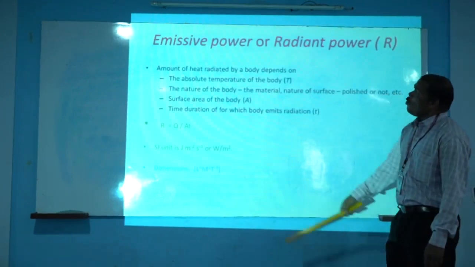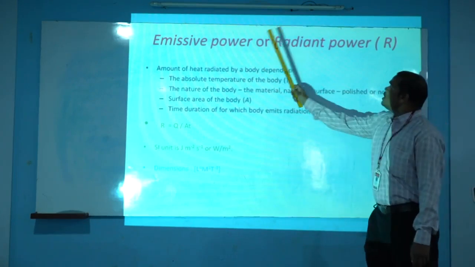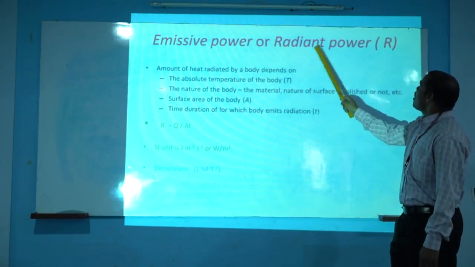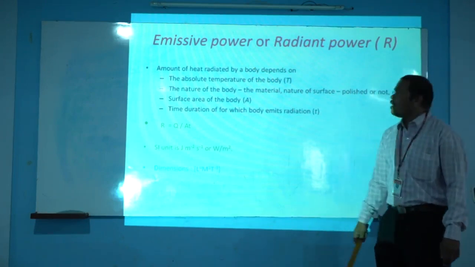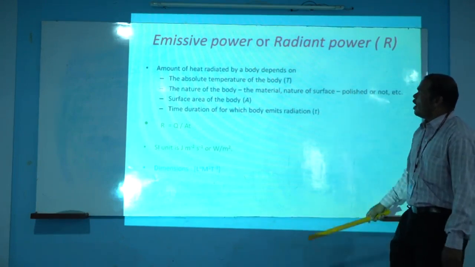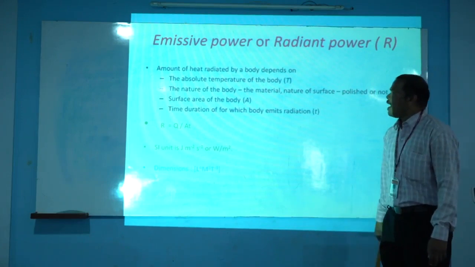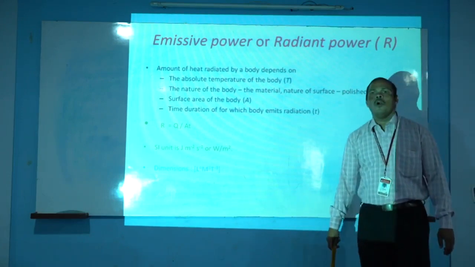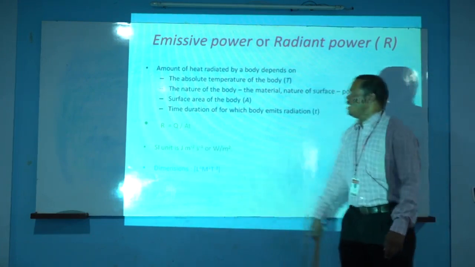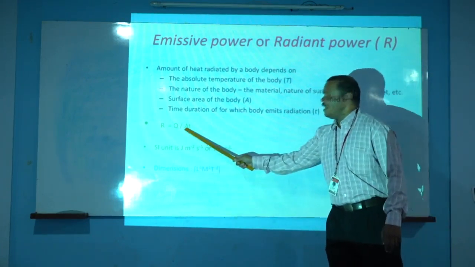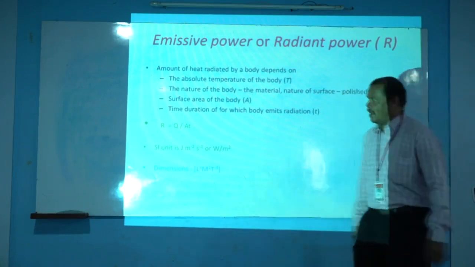Then we define emissive power or radiant power. Emissive power or radiant power is defined as the amount of radiant heat emitted by the body per unit area per unit time.